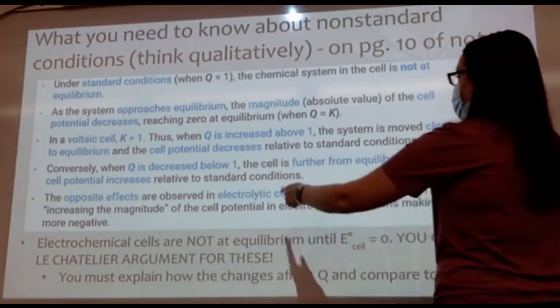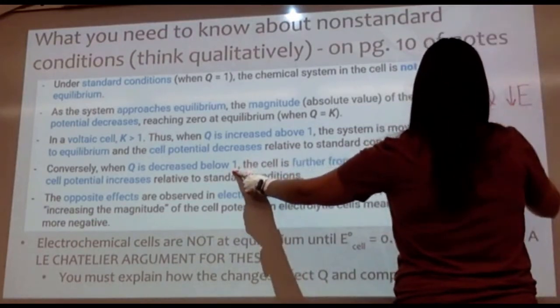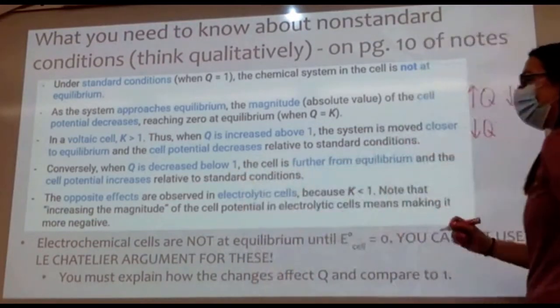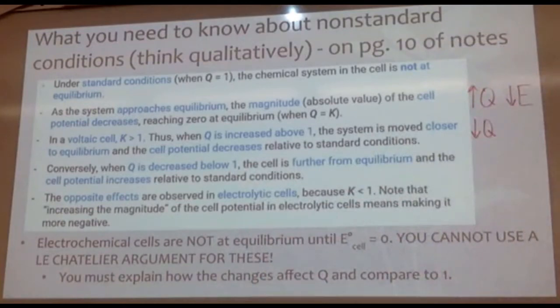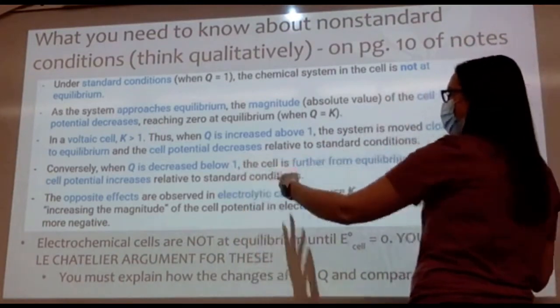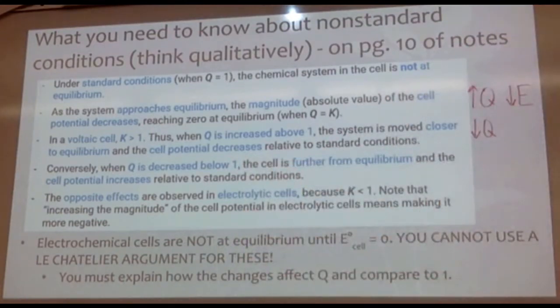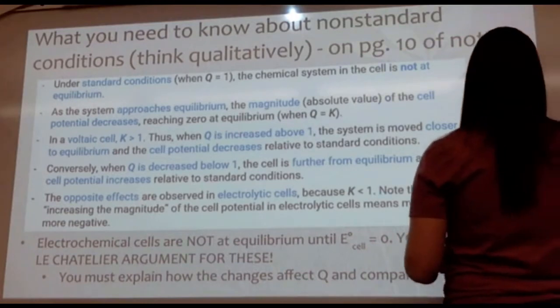Then if we go the opposite way, if we decrease Q, so when Q is less than 1, for Q to equal K, Q needs to be above 1. So if Q is below 1, the cell is further from equilibrium. So it has a longer way to go before it hits equilibrium. And so what happens is cell potential increases.